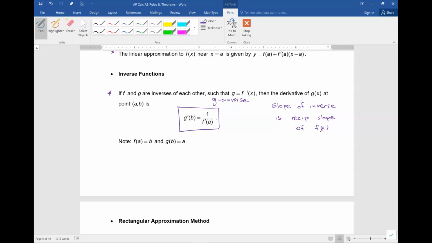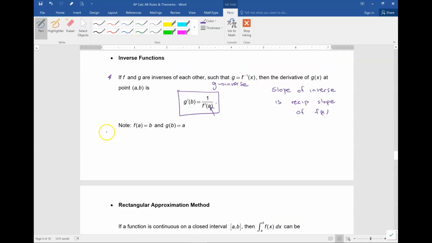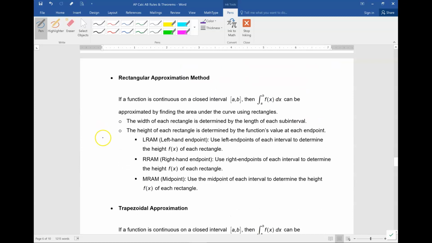One other thing you have to remember is, again, inverse switches x and y. So in here, you have to look at f prime of the y value, not the x value. So you have to switch the x and y values. We're also going to do a couple more of those in the upcoming FRQs.